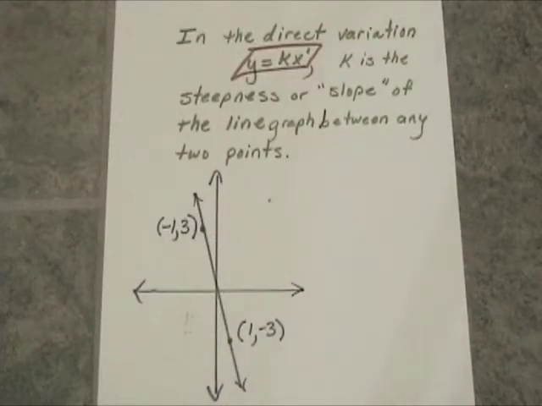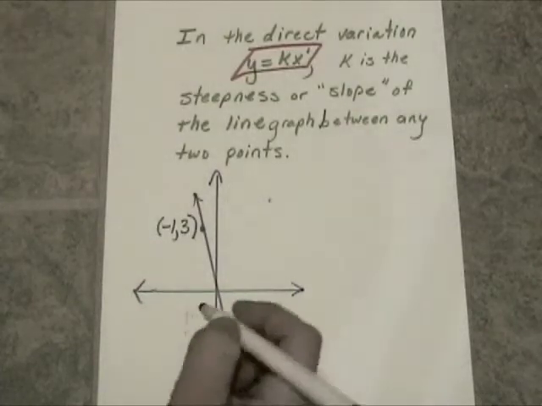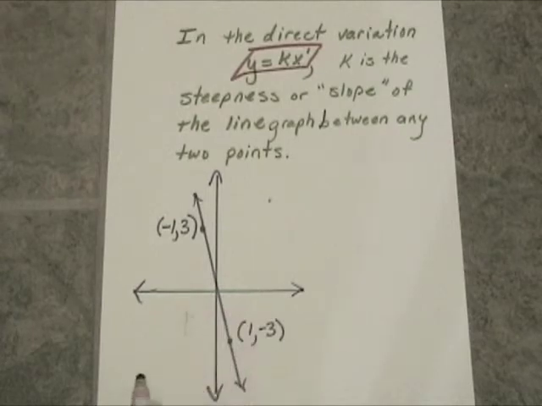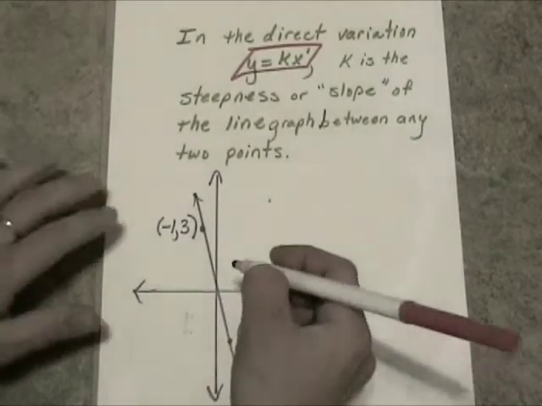So how do we define this steepness or slope mathematically? Well, the first way we talk about it is by looking at a graph. The steepness is the amount of vertical change compared to the amount of horizontal change. When I say change, I mean between any 2 points.